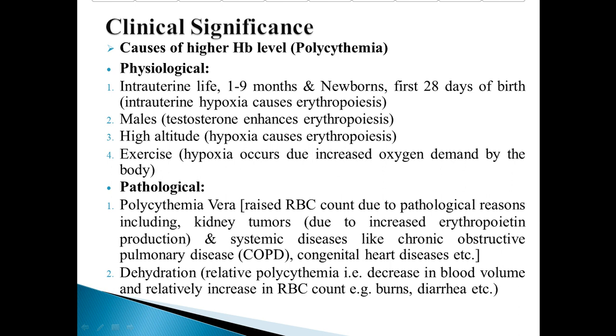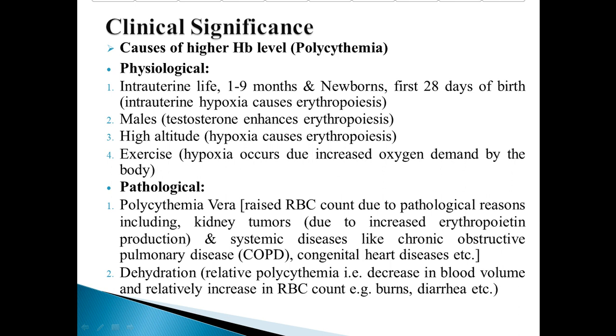High altitude hypoxia also causes erythropoiesis. Exercise also induces hypoxia, and due to increased oxygen demand by the body, there is again increased erythropoiesis, and when there is increased erythropoiesis, there are increased hemoglobin levels.